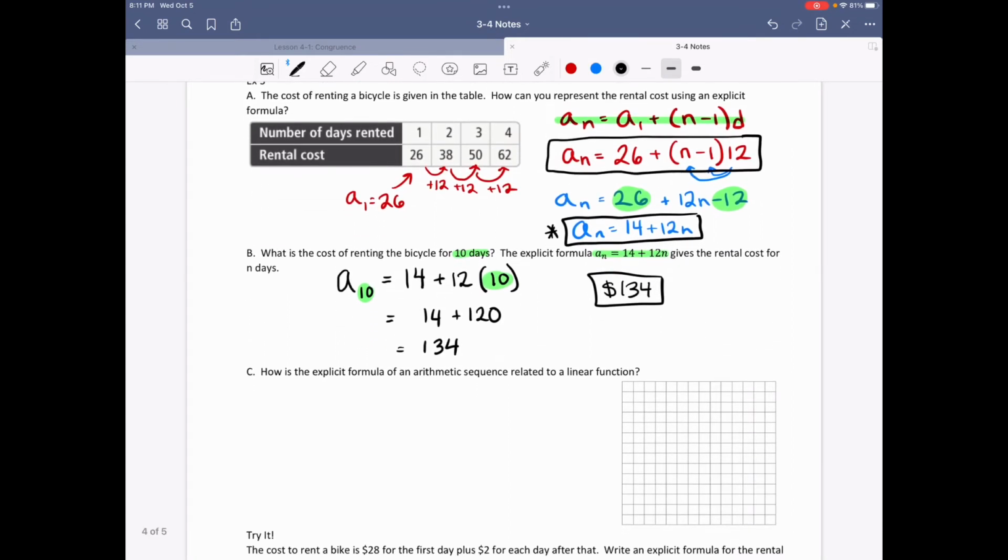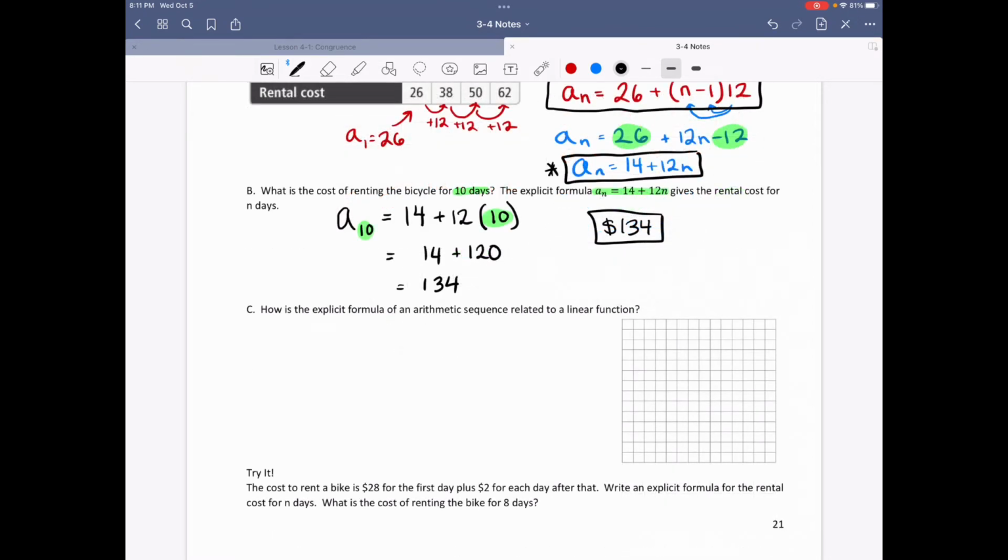How is the explicit formula of an arithmetic sequence related to a linear function? The explicit formula is related to a linear function because let's look at a sub n equals 14 plus 12n.